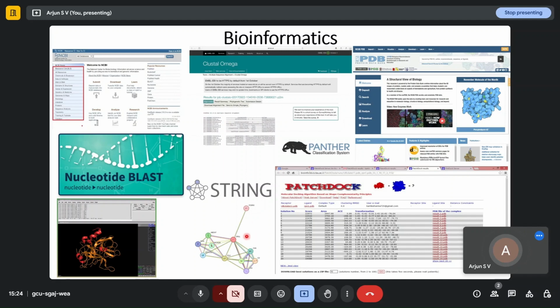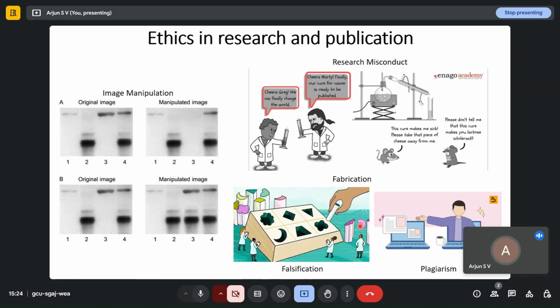This is very important in the context of interactomics. We also saw more about PANTHER DB and PatchDock, which give quantitative information about your protein interactions.